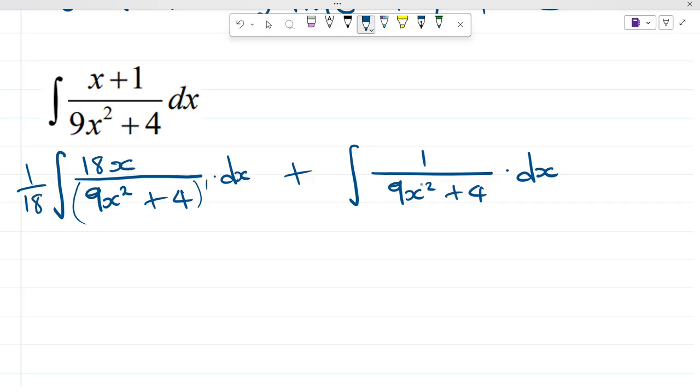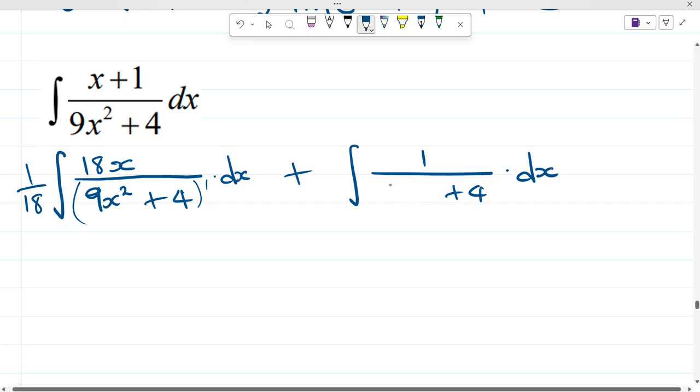And then as for this case, we need to rewrite it nicely, because this one we can force to be the inverse one. So 9x squared is the same as 3x squared, and the 4 is the same as 2 squared. Since we have 1 here, we need to make sure that the numerator has the derivative of this.